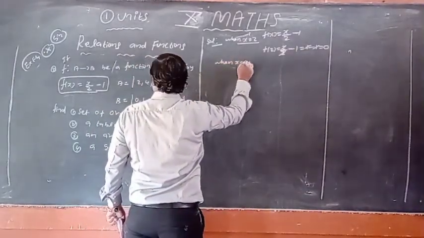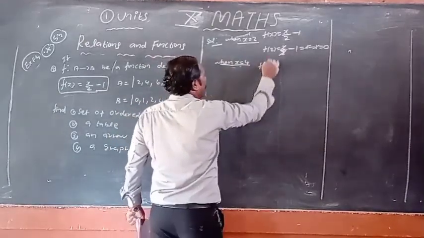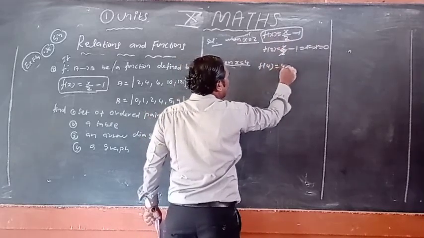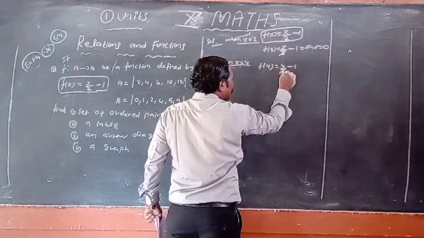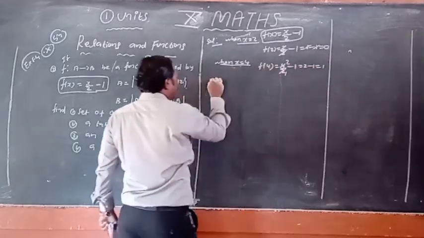When x equal to 4, f of 4 equal to 4 by 2 minus 1. 2 ones are 2, so 2 minus 1 means 1.